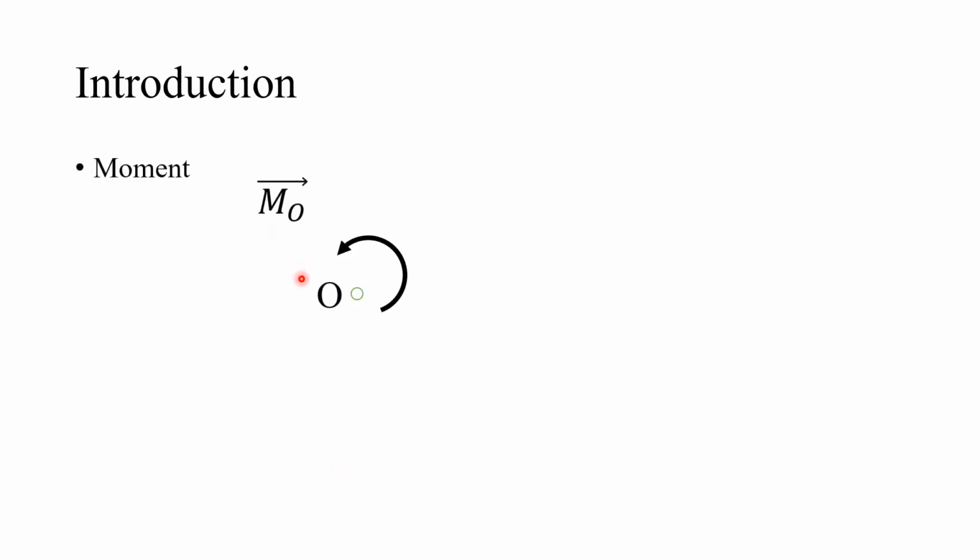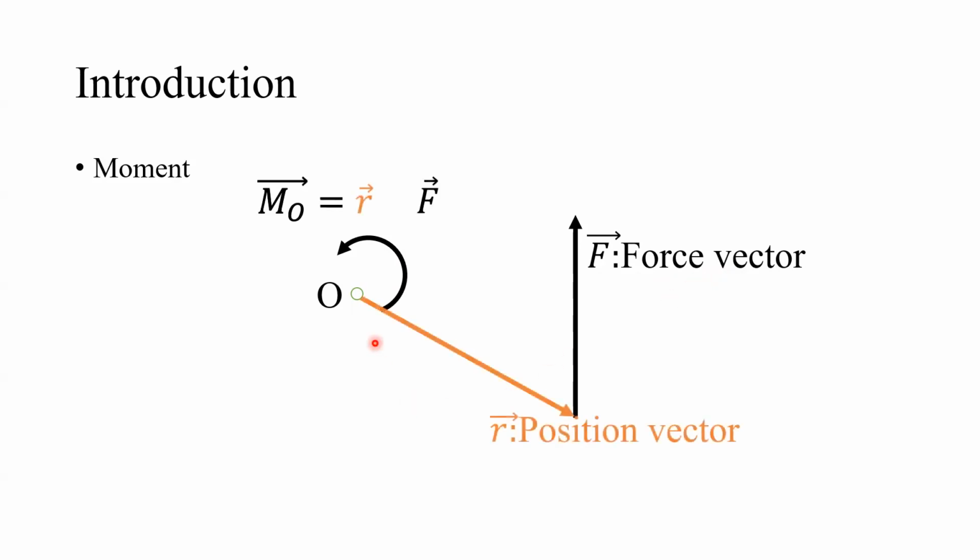If we want to compute the moment at point O, in other words, the point of a moment, we need two terms. The first term is the force vector. We already know that. The second term is the position vector. Knowing the direction of the position vector is important.